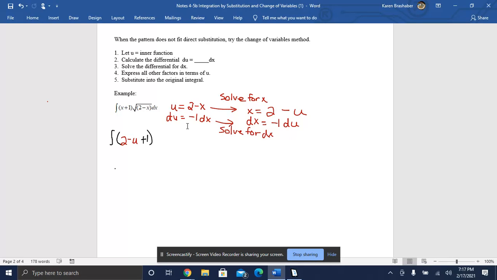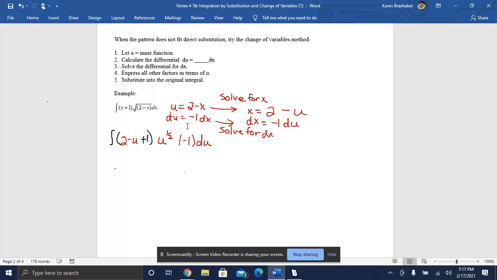Now, I already set that up that my square root would be the u. So I know for that I have u to the 1/2 power, because 2 minus x is what I defined u to be. And then I need to substitute for my dx, what I have defined for dx, which is -1 du.